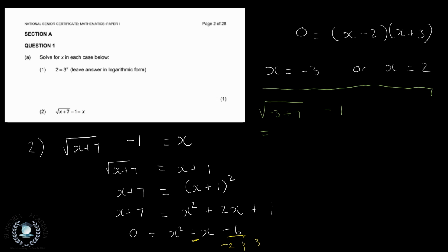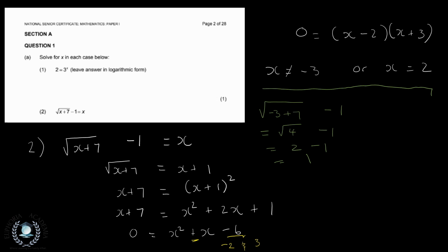Let's see what it equals. That's going to be 7 minus 3, giving us the square root of 4, minus 1. That is 2 minus 1, which is equal to 1, which is not equal to -3. So in this case, x cannot be equal to -3.